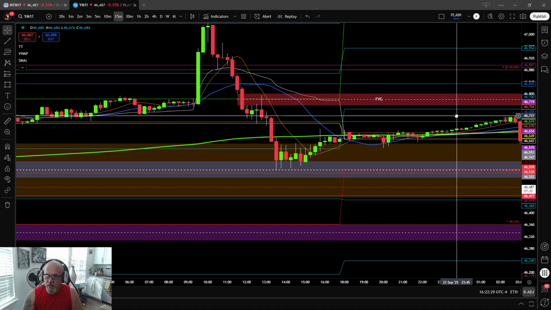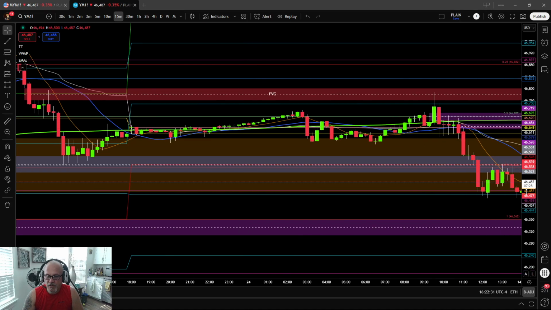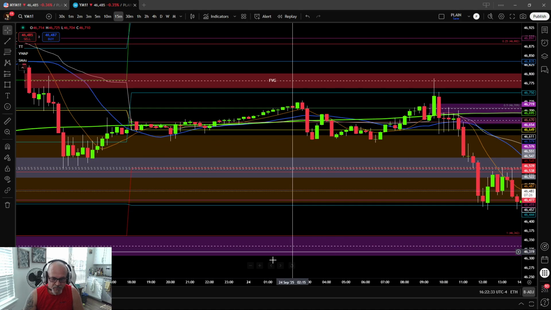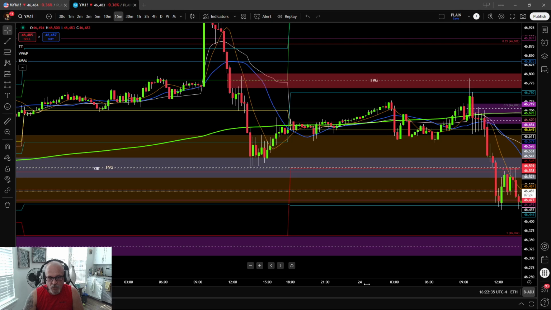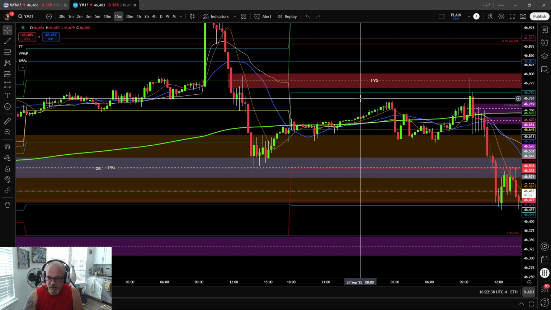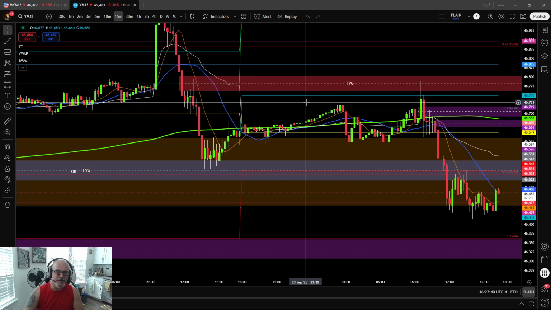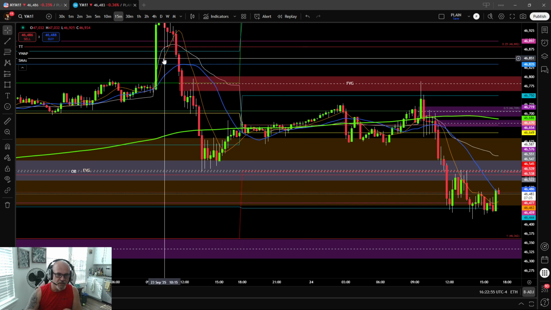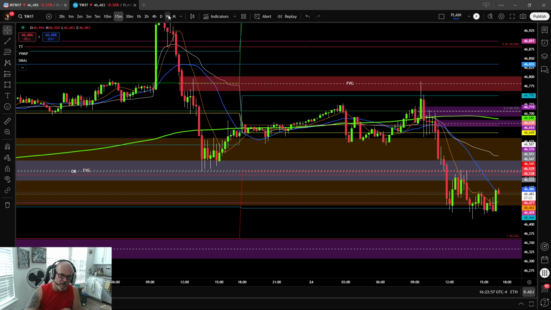So I look for fair value gaps or order blocks, mostly fair value gaps, at these DRT levels. And they will tell me who is in control, buyers or sellers. So from yesterday's open, we saw that sellers actually started gaining control.